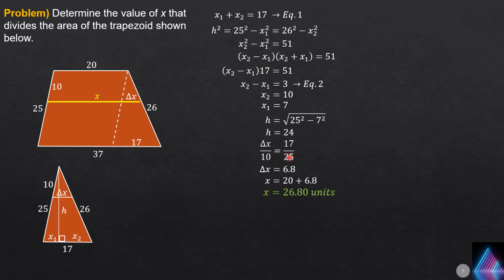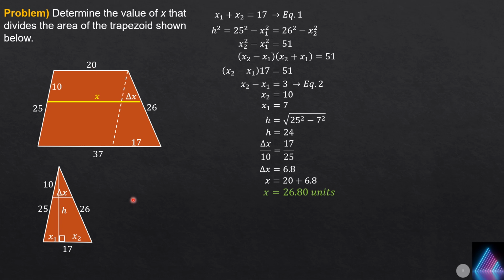So that's the solution to this problem, but I will extend this because I derived the formula for the length of the dividing line of this trapezoid, where the dividing line is parallel to the parallel sides, in terms of the area that this dividing line cuts and these given sides here.